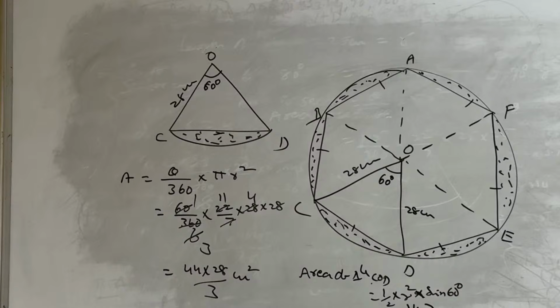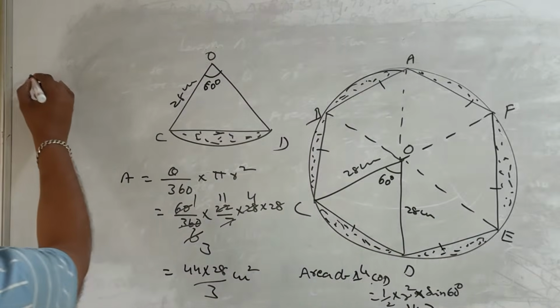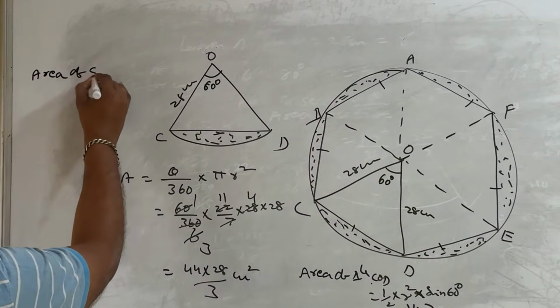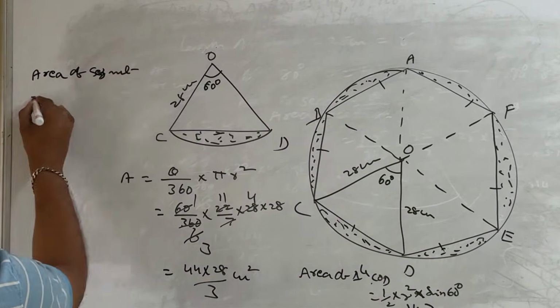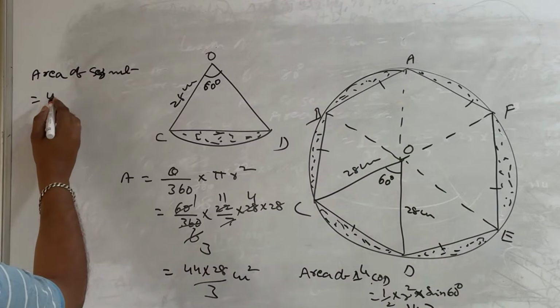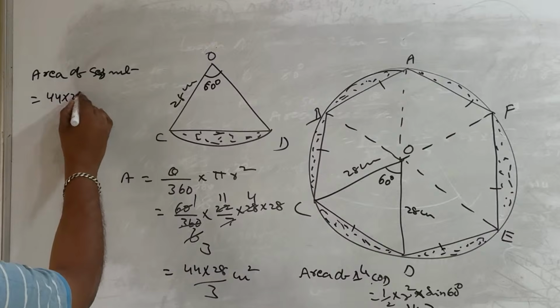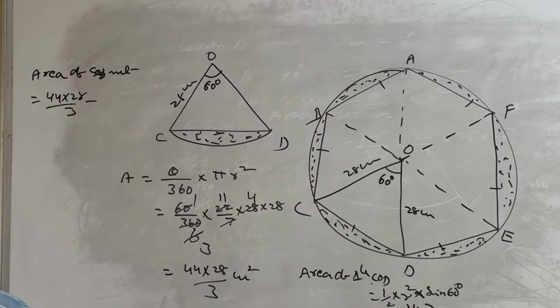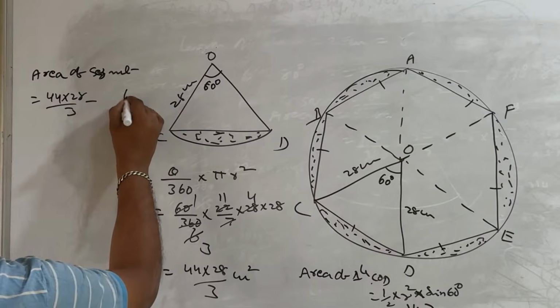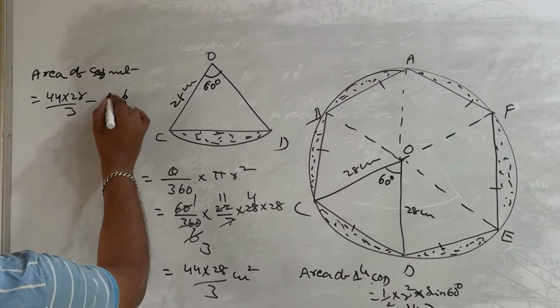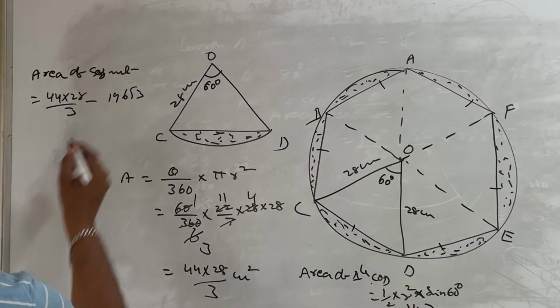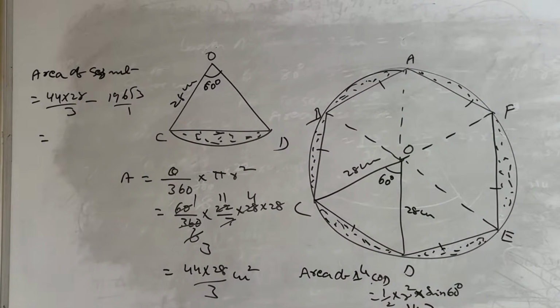So area of segment is 44 into 28 by 3 minus 196 √3. Simplify it.